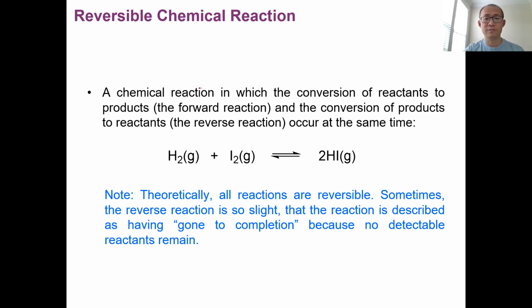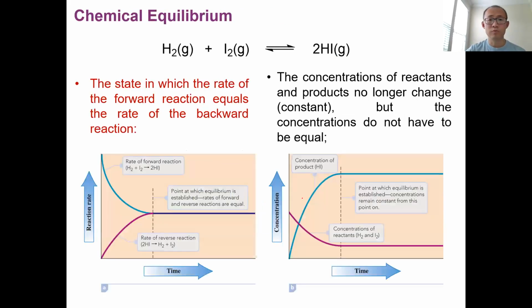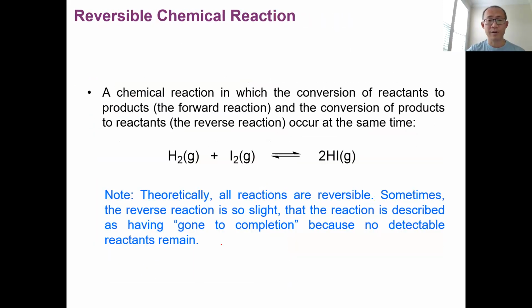So let's take a look at this reaction of hydrogen and iodine to produce hydrogen iodide. This is a very classic example. No matter whether you're learning fundamental chemistry or general chemistry, this example is used a lot to explain reversible reaction and chemical equilibrium. Traditionally when we study a reaction, we get reactants all the way to form products, right?